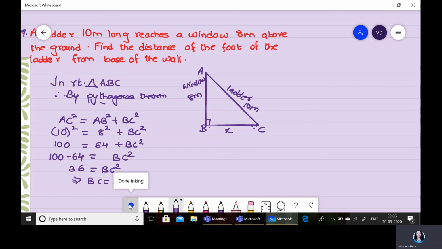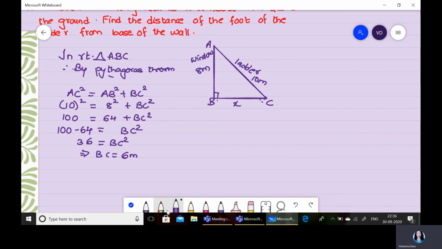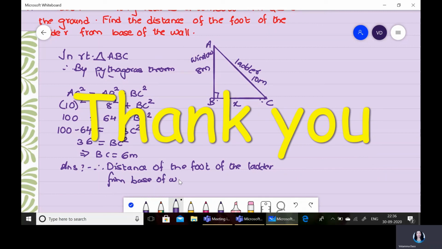Therefore, at the end we can write the final answer: the distance of the foot of the ladder from the base of the wall equals 6 meter. I hope, students, you have understood this.